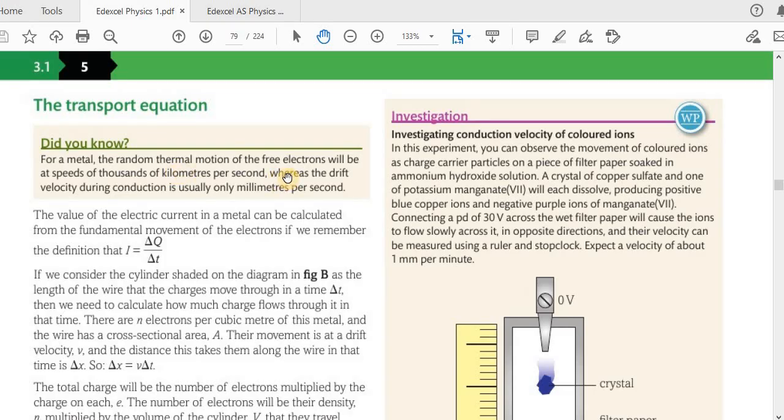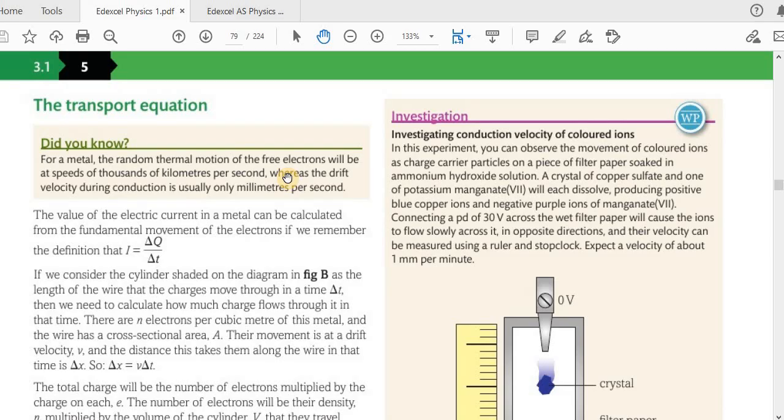Now, when you learned about temperature in your O-level classes, you would have learned that temperature is a measure of the average kinetic energy of the particles. So the greater they are vibrating or the faster they are moving, the greater is the kinetic energy, so the greater will be the temperature.